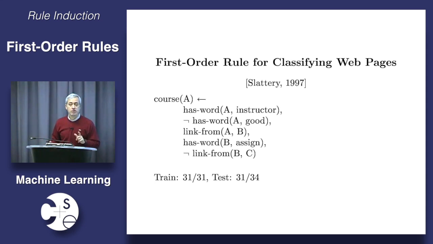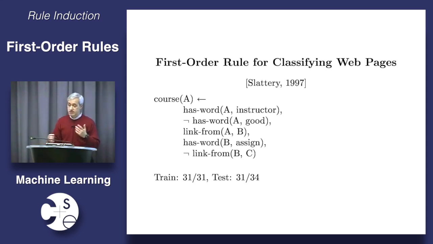Okay? Where does the extra power come in? Well, let's see the next pair of antecedents, these two. What are these two saying? This is the really interesting part of this rule. If there's a link from page A to page B, and page B includes the word assign. Or contains the word assign. Yes.